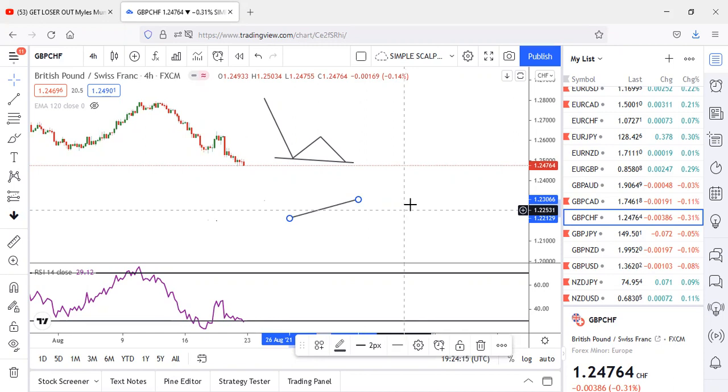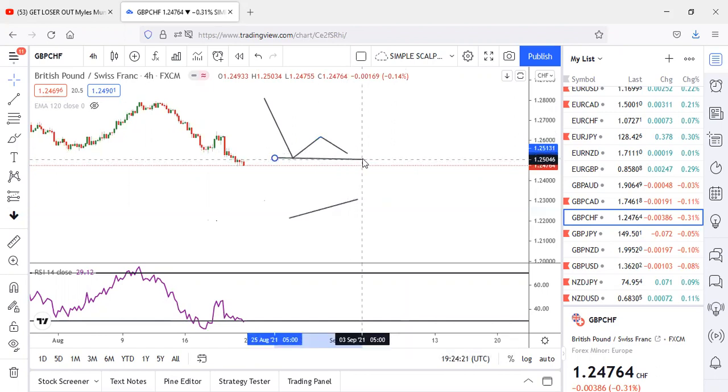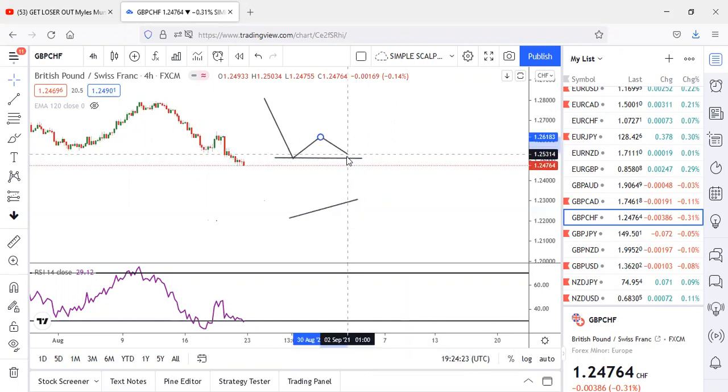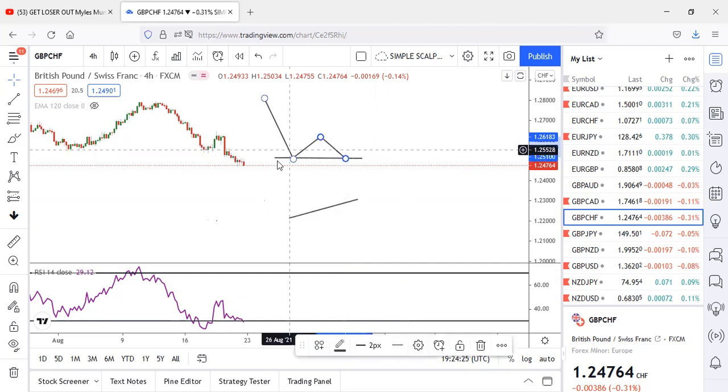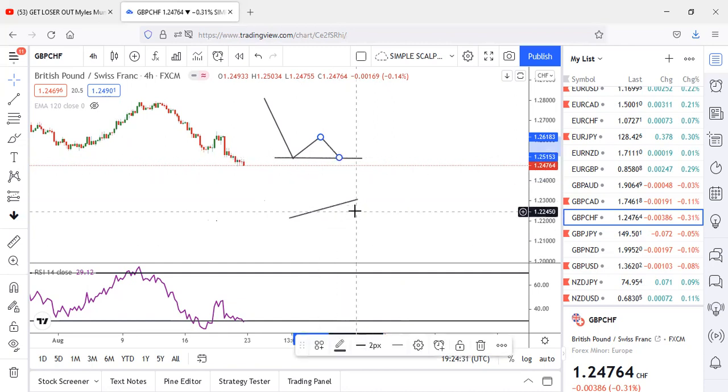All right. So now let's say we have price trading on the same line. At this junction, the moment price comes to this level, take a look at your stochastic. What is your stochastic doing?